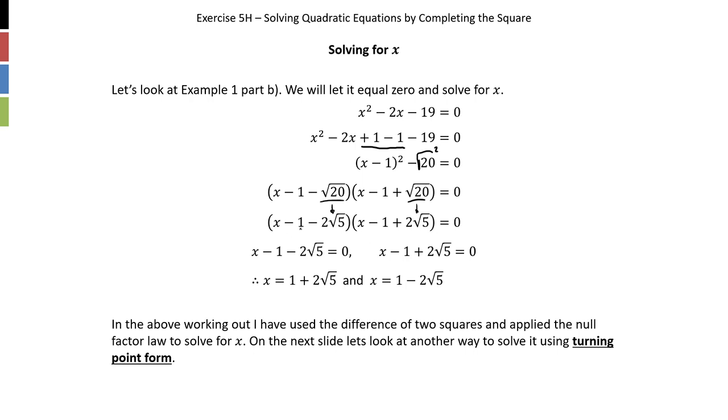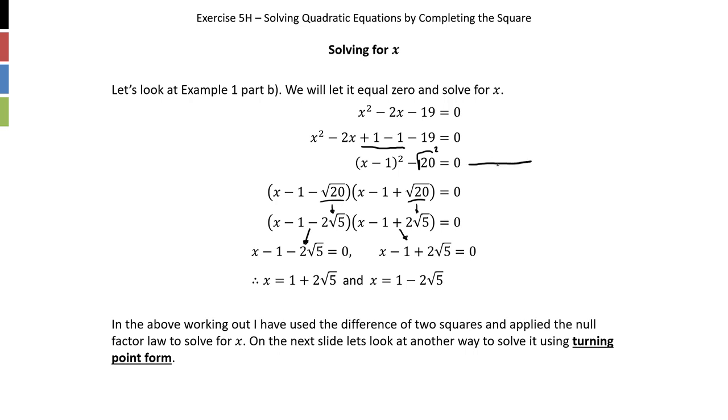From the null factor law, it's either the first set of brackets equal to 0 or the second set of brackets equal to 0, and then we can solve for x. So x is equal to 1 plus 2 root 5, or x is equal to 1 minus 2 root 5.